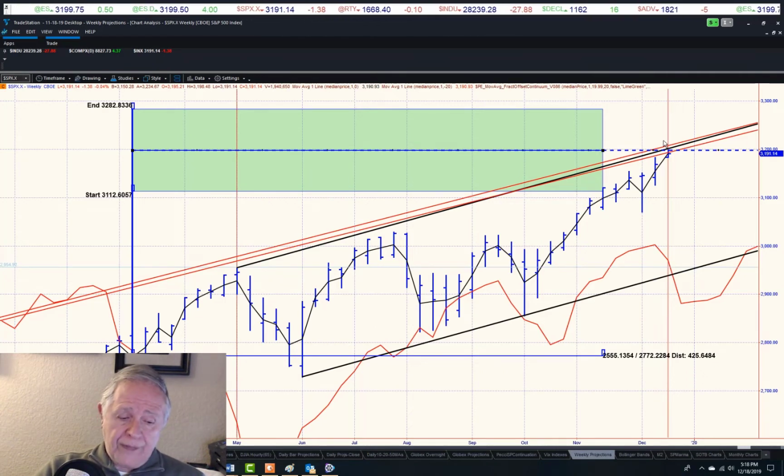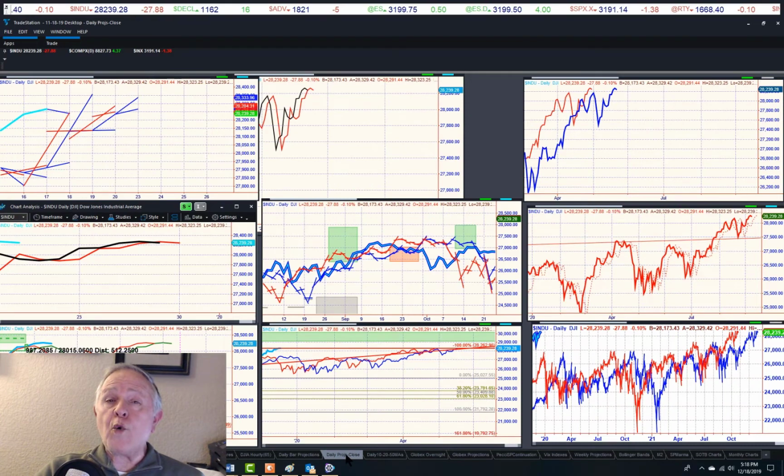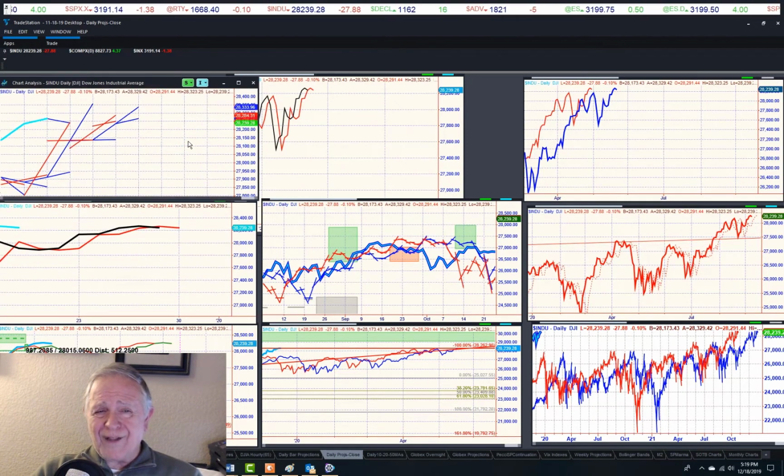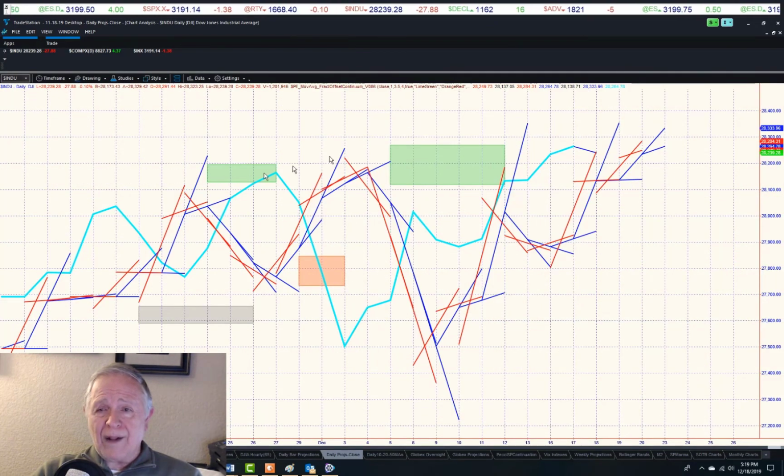Okay, the only other things we want to show you today are the daily projections on a closing basis. We've shown you the Dow Jones Industrial Average projections on an intraday basis, but we haven't looked at the closing price projections for a while. On an intraday basis, the nominal 10-day projection is just short of being reached.